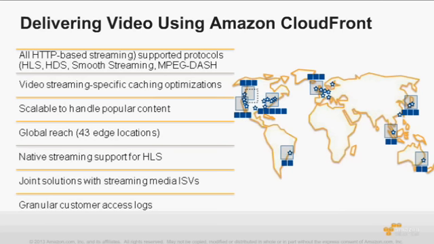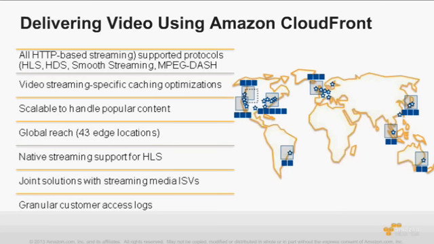Cloudfront also has several video streaming specific cache optimizations, like the ability to handle range requests or fetching the file from the origin in the most effective way. Cloudfront also focuses a lot on metrics and throughput and optimizing the throughput for delivering your video content to your viewers across the various internet backbones and the ISP networks around the world.